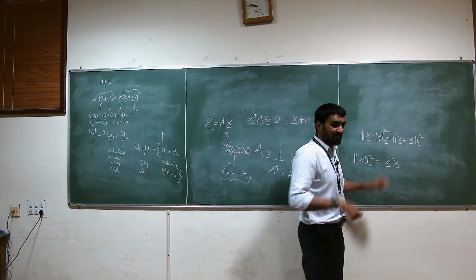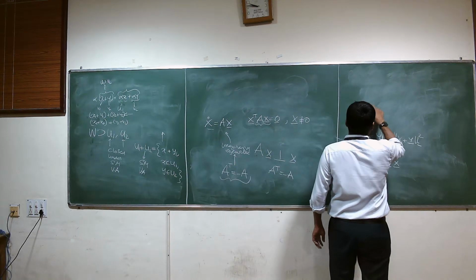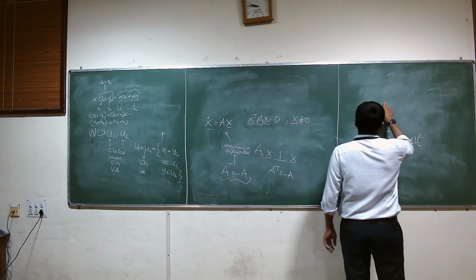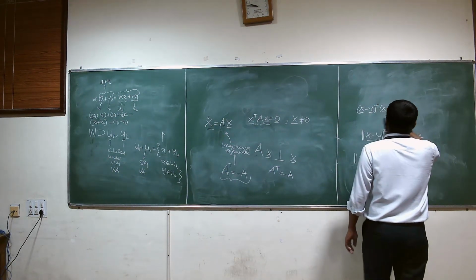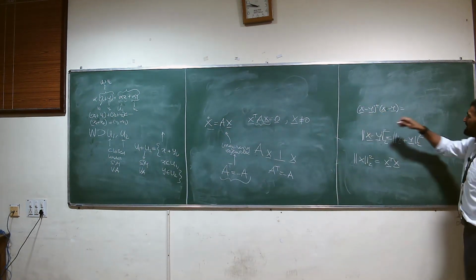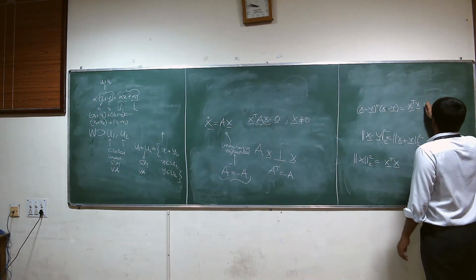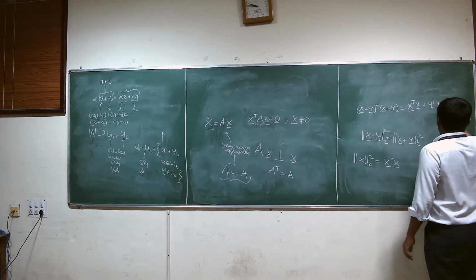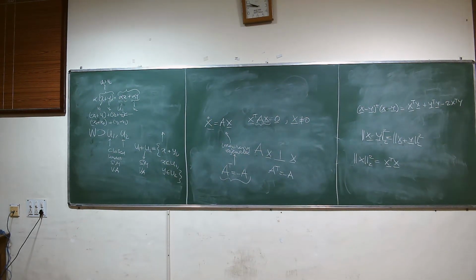So if you express both of these as what? So you can express this as x minus y transpose times x minus y. What will this be? So you can take the transpose inside. If you do it, you'll get x transpose x plus y transpose y minus 2 times x transpose y.